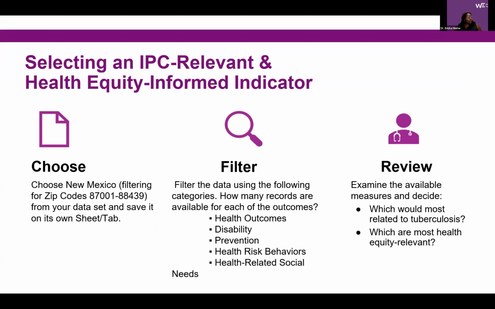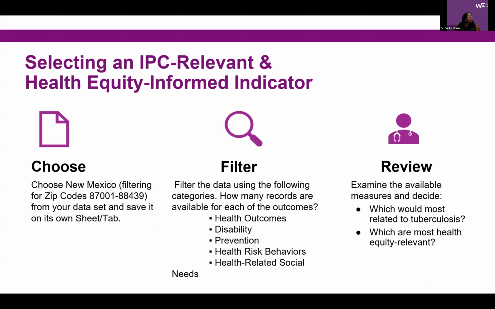So everyone should have, or those who are able to open it, do you have it up? What I'll do is I'll share my screen and walk through the example again. So what we're going to do first, so everyone's aware, we're going to choose New Mexico as our state that we're filtering for. The zip codes we're going to use to filter for New Mexico are on the screen. And that's what I want us to do now.